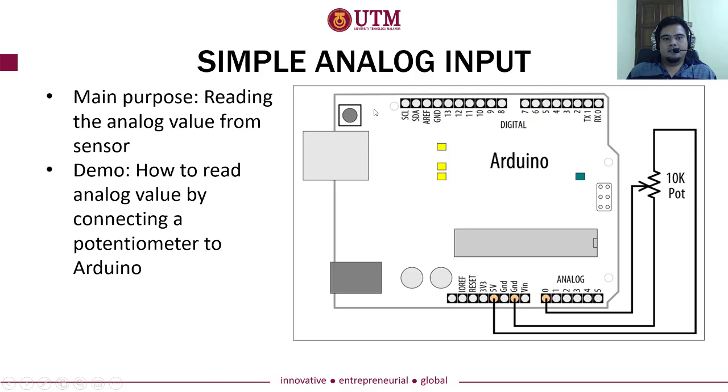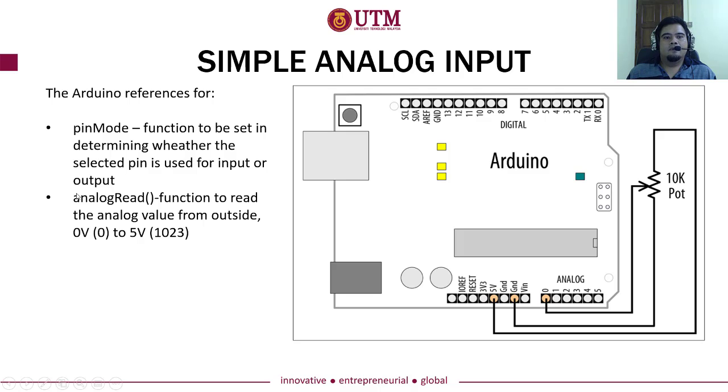But the function analogRead is only applicable if you are using the analog ports, A0 until A5. Any signal from here can be 0 volt, or some value up to 5 volt, and that value will be changed into a digital value that represents that voltage.